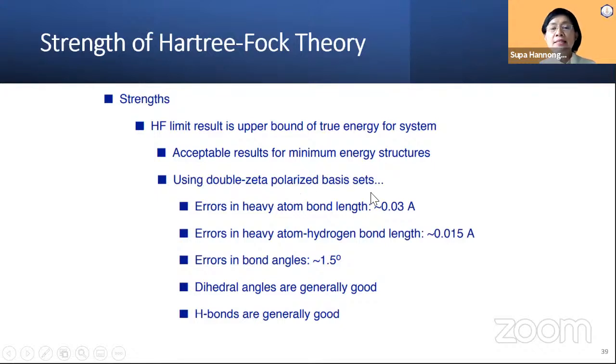Last week we studied the polarized basis set, okay, resulting in some error for sure, but a very small error, like 0.03 angstrom in heavy atom hydrogen bond length, and error in bond angle about 1.5 degrees, sorry. Dihedral angles are generally good. Hydrogen bonds are generally good.